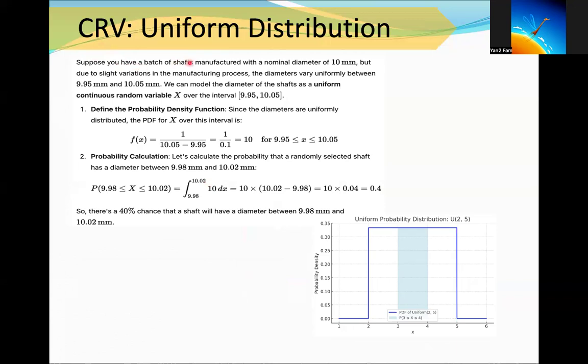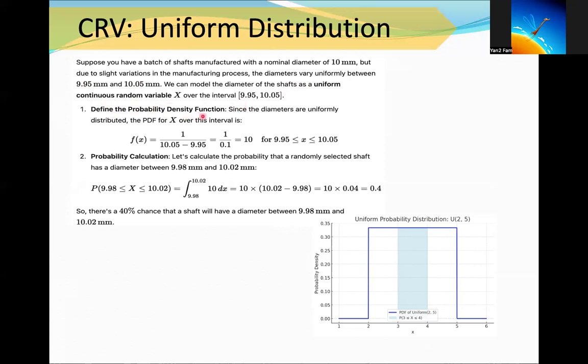Suppose you have a batch of shafts manufactured with a nominal diameter of 10 mm. But due to slight variation in the manufacturing process, the diameter varies uniformly between 9.95 and 10.05. We can model the diameter of the shaft as a uniform continuous random variable over the interval.